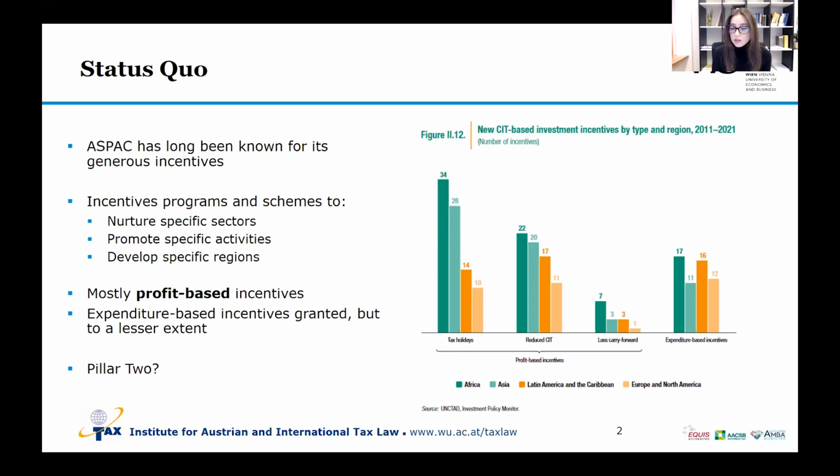But still, as we can see from the UNCTAD chart, both forms of incentives have been adopted in the region over the past 10 years, and they are usually aimed at attracting foreign investment across multiple sectors, promoting certain activities, and encouraging business to set up in specific regions. On this basis, the minimum tax proposed under Pillar 2, the global rules, may raise some concerns for the region, and that's what we are going to present now.